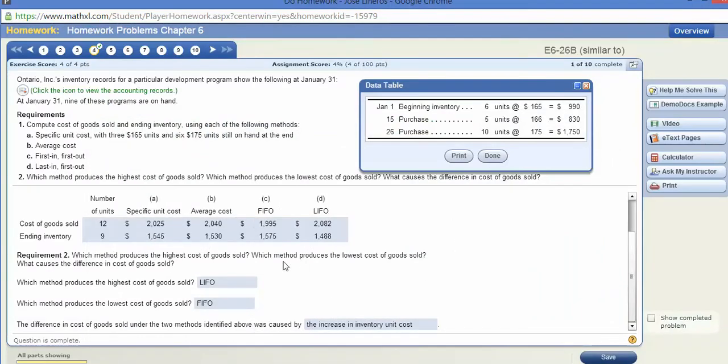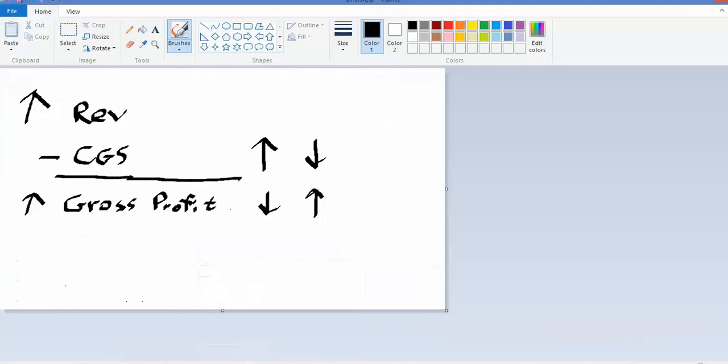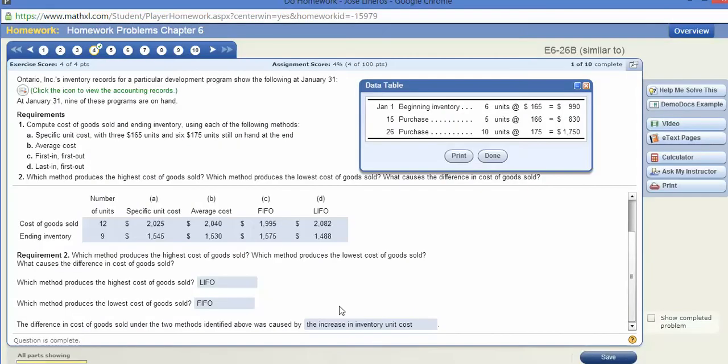So we come here. This is not the highest. This is 2040. This is the highest. Under LIFO, cost of goods sold would be the highest. So that would mean that's when gross profit would be the lowest.